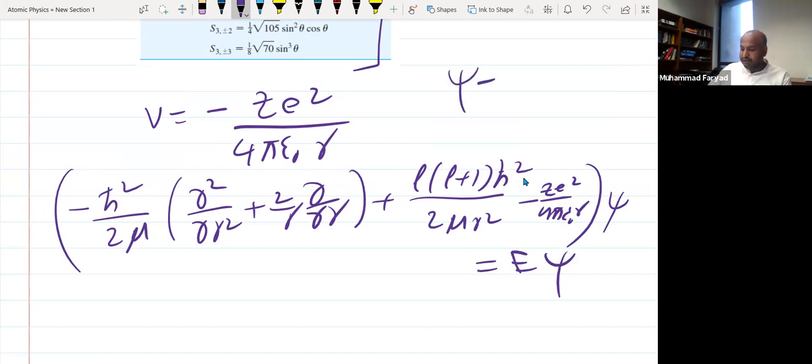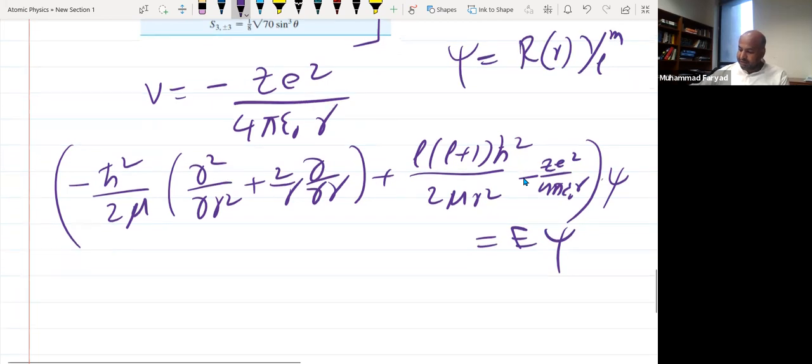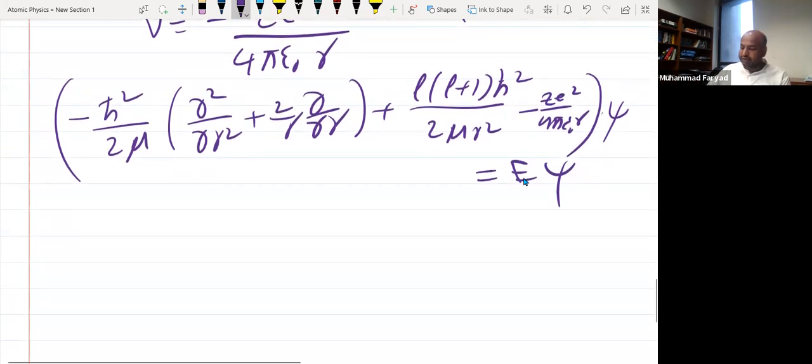Now, if I take psi as some function of r into Y_lm, then Y_lm will cancel from both sides, because there's no derivative on theta and phi, and we have already applied this operator.